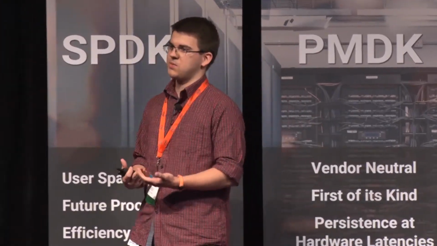So on Linux, you can retrieve the physical address for your virtual memory buffer at any point in time, and you can initiate a DMA transfer on that physical address. So you can put that address into your NVMe request. You can put that request into your NVMe submission queue.